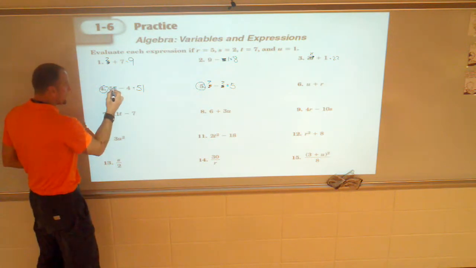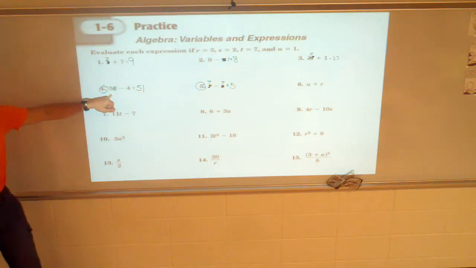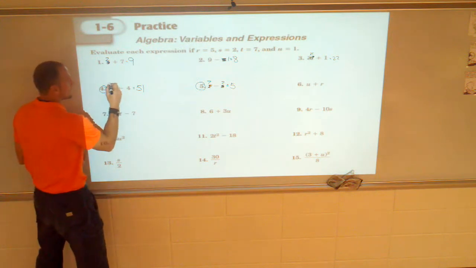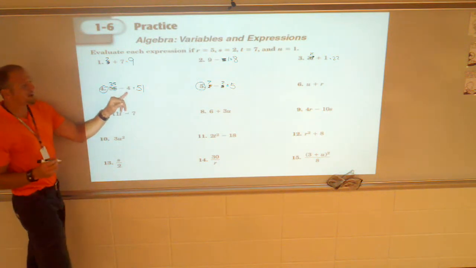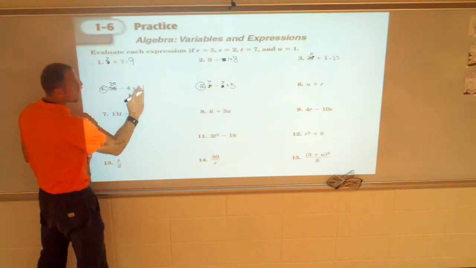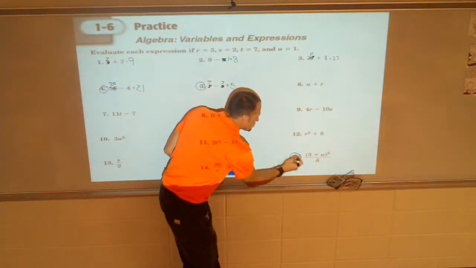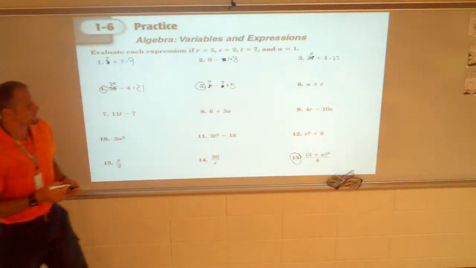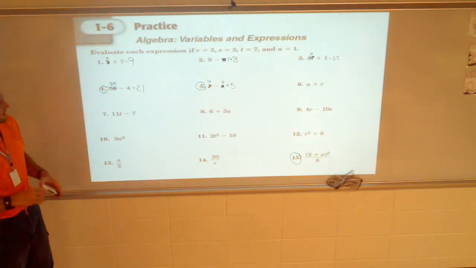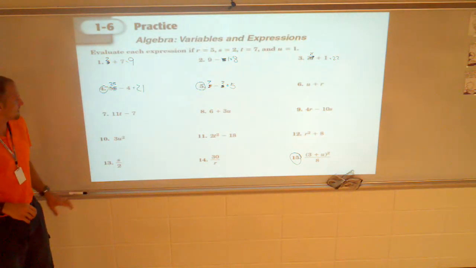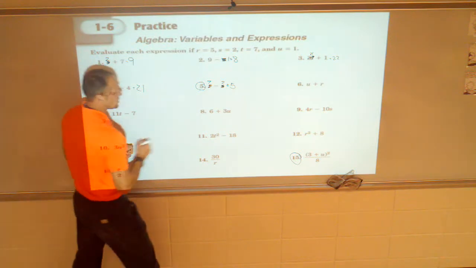It's not 55. It's 5 times 5, which is 25. And 25 minus 4 is 21. Very good. 21. I would like everybody to do number 15. Actually, I want you to do number 11.